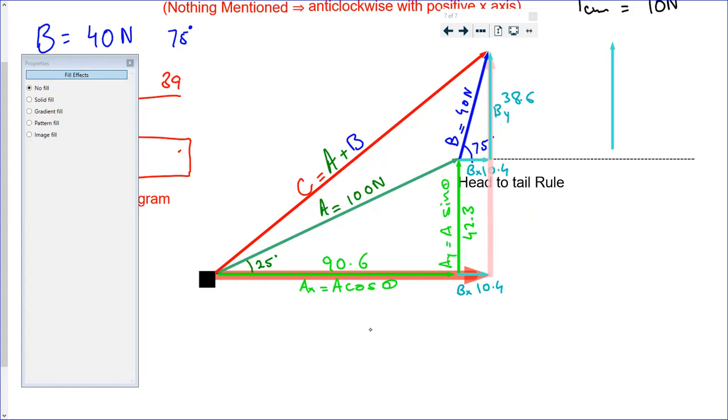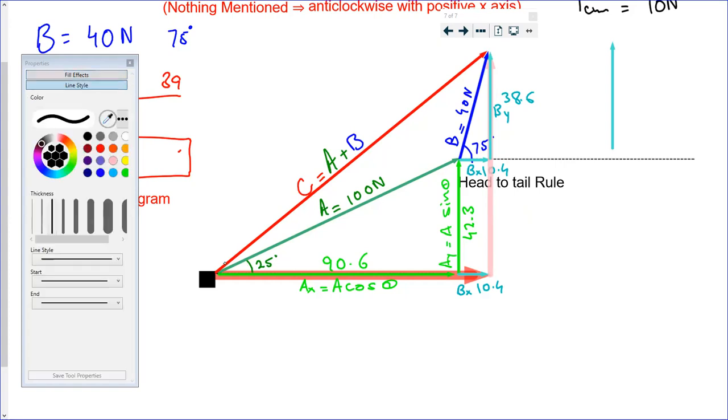Okay. 90.6 is the green part, the length of the ax, and 10.4 is just the length of the blue part. So what is the total length?